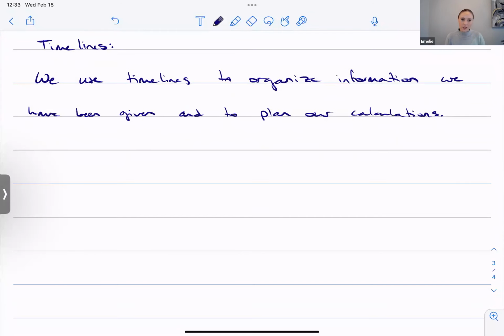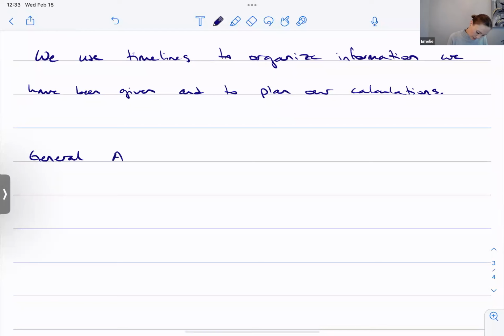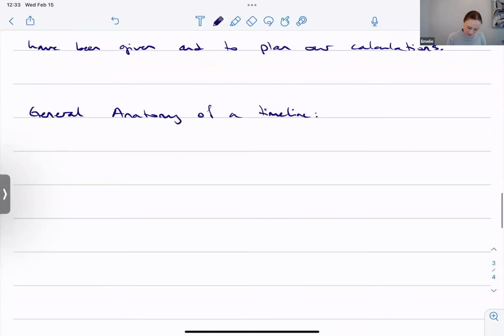So I'll call it the general anatomy of a timeline. They can become quite complicated, but in general, this is how they are all built. You can build them up and have different things in here, but the general anatomy of a timeline is like this.